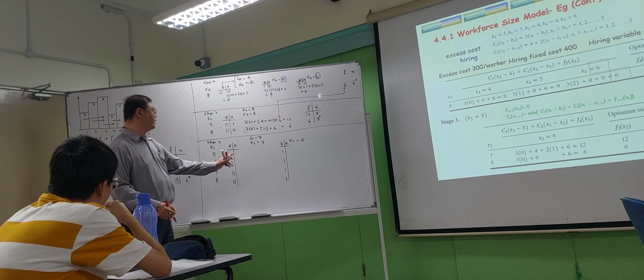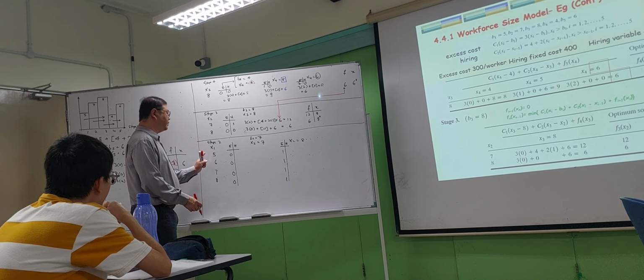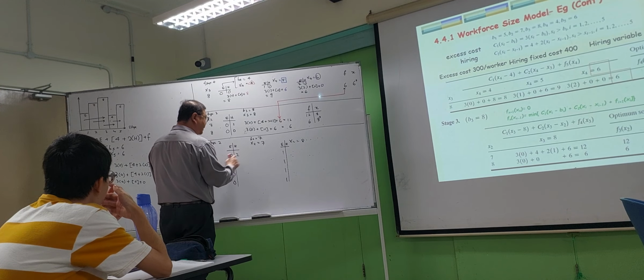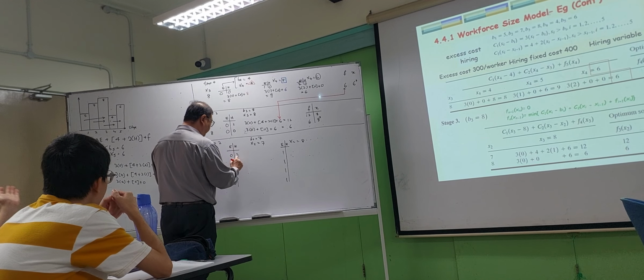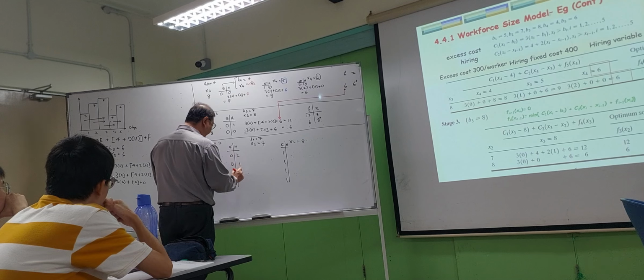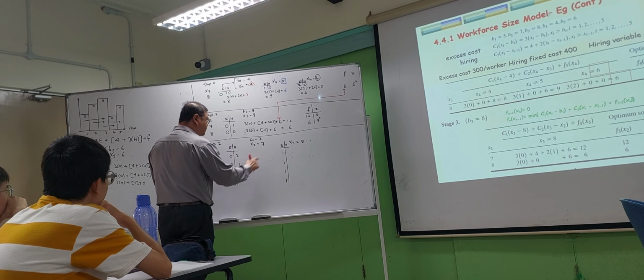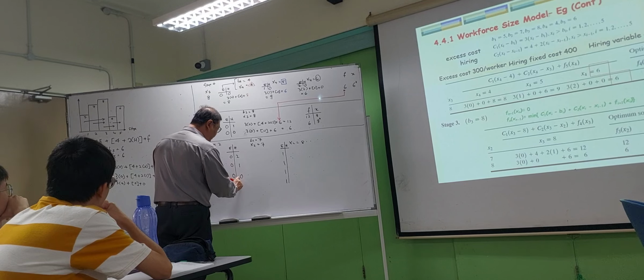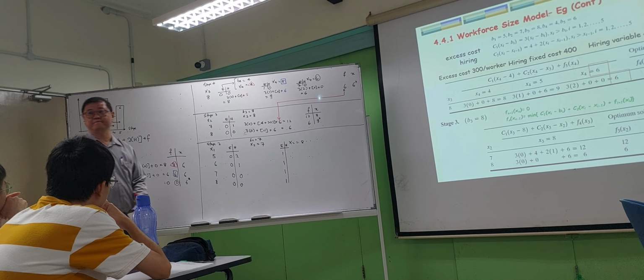Now we look at hiring. From 5 to 7, you need to hire 2. From 6 workers to 7 workers, you need to hire 1 worker. From 7 workers to 7 workers, you are not hiring anyone. From 8 workers to 7 workers, you fire 1 worker. Right? So you are not hiring anyone.